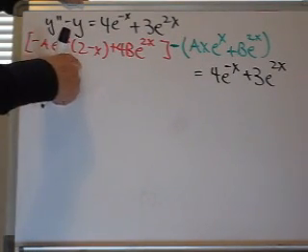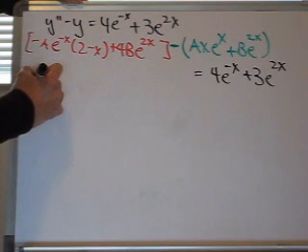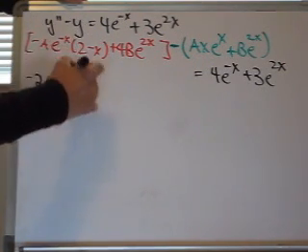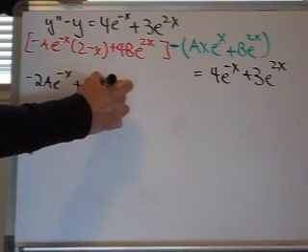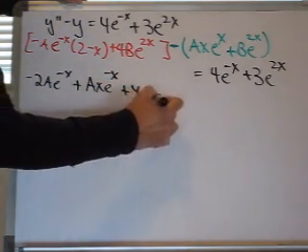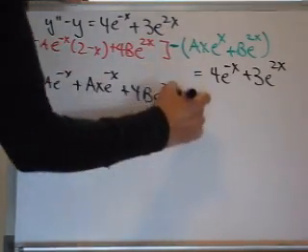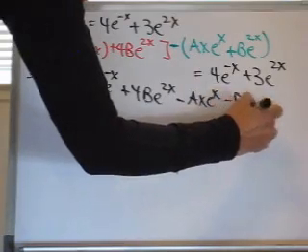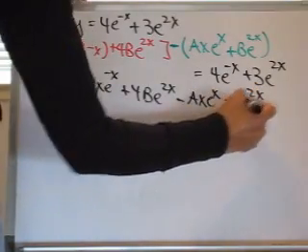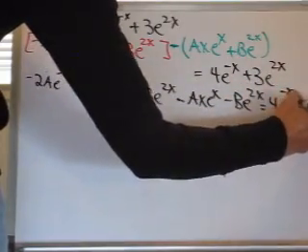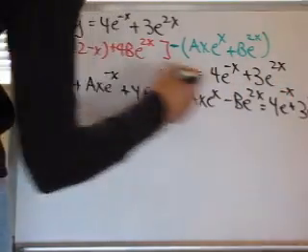I'm going to get a negative 2a e to the negative x, and then a plus ax e to the negative x, plus 4b e to the 2x. Distributing the negative, I get negative ax e to the x minus b e to the 2x. All of that is equal to 4 e to the negative x plus 3 e to the 2x.